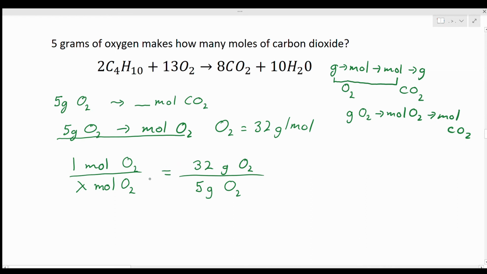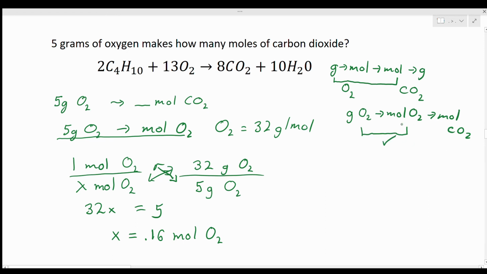So 32 times x is 32x, which is equal to 5 times 1, which is just 5. Solving for x by dividing both sides by 32 gives us x equal to 0.16. And we know that this is going to be in moles of O2. So that step is done.